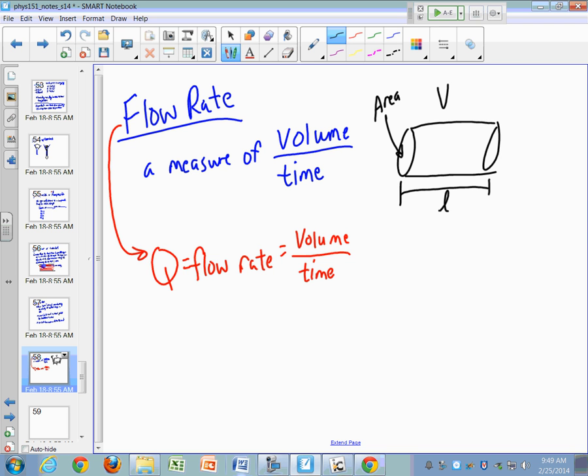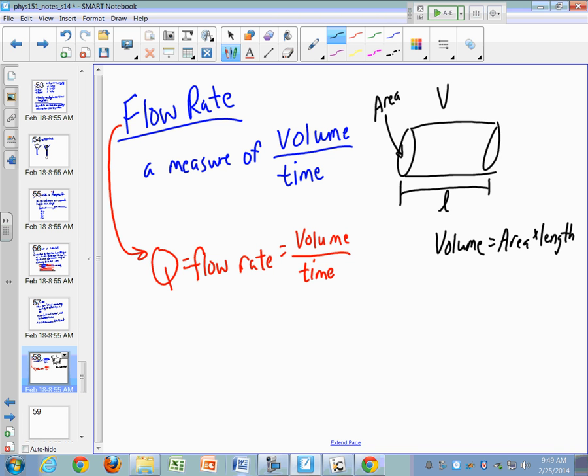How is the volume related to the area and the length? Right, the volume is equal to the area times the length. Right, I could see that just dimensionally because the area is square meters, and then the length is meters, and then you bring them together and get cubic meters, or meters cubed, which is the unit for volume.